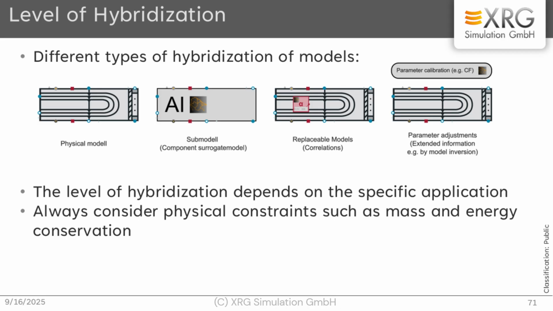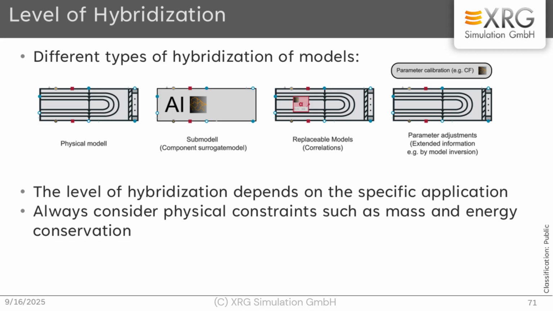But one thing you should always consider is to have physical constraints inside of your surrogate model, so that the mass balance and energy balance are always correct.